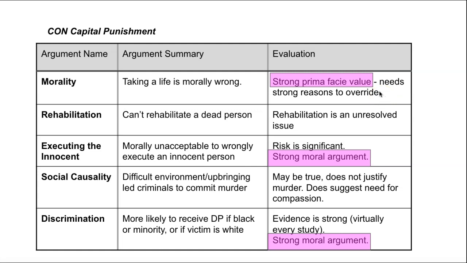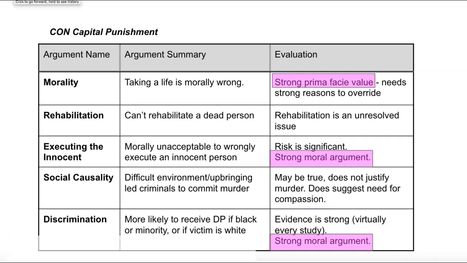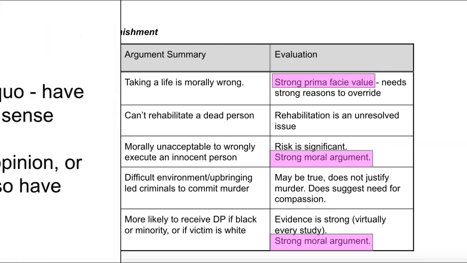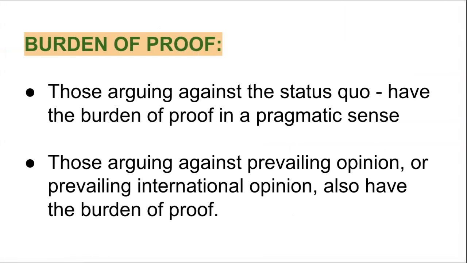The taking of the life, the taking of an innocent life, which is also combined with strong evidence that the risk is significant, and the fact that a pattern of discrimination occurs in death penalty cases, again with strong supporting evidence to support this moral argument. So we can give some strong checks to those three arguments, and note that we need to learn more about the issue of rehabilitation.